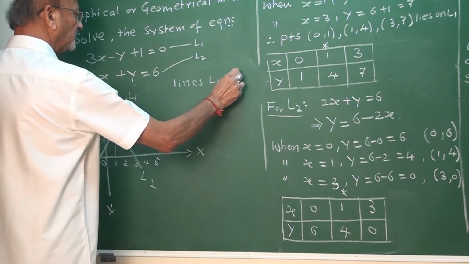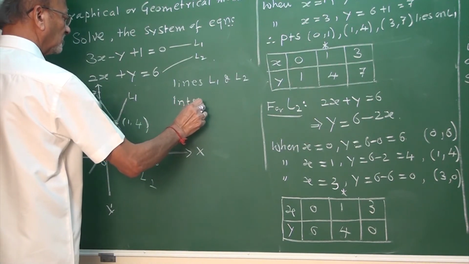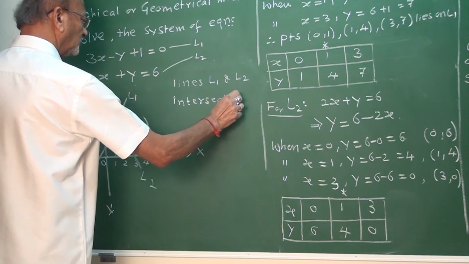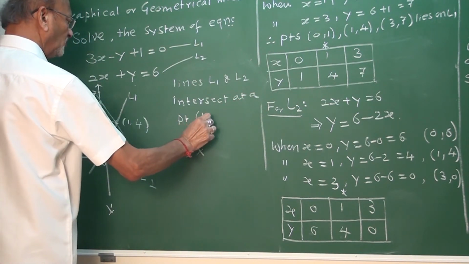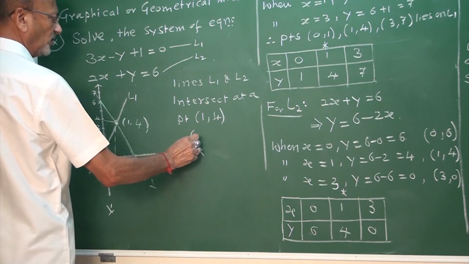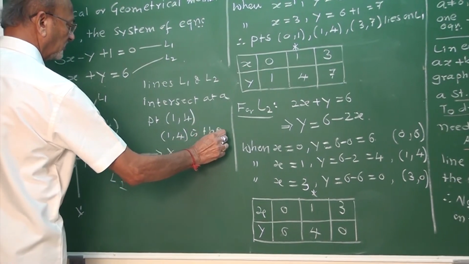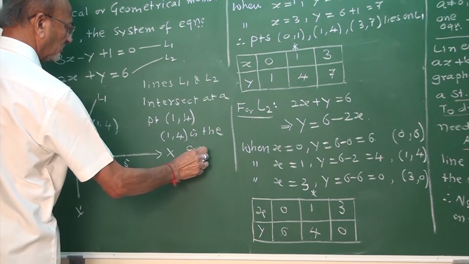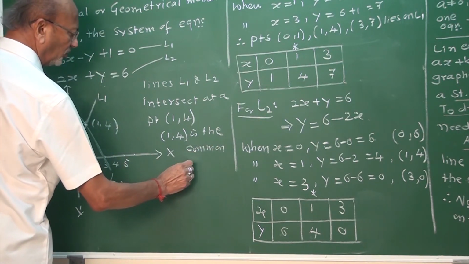Lines L1 and L2 intersect at a point 1, 4. Therefore, 1, 4 is the common point, only one point.